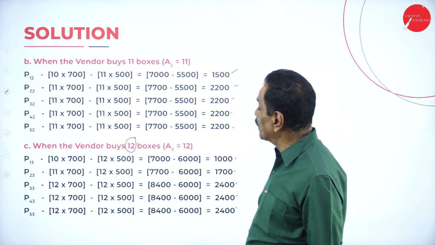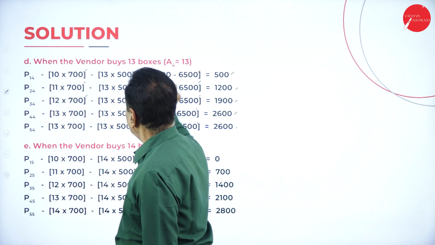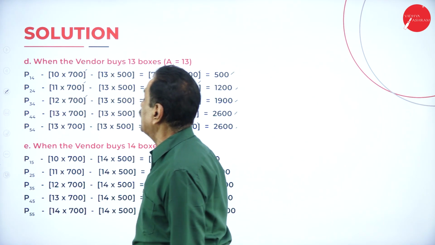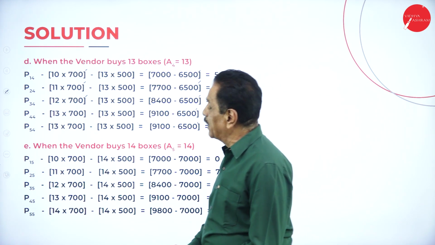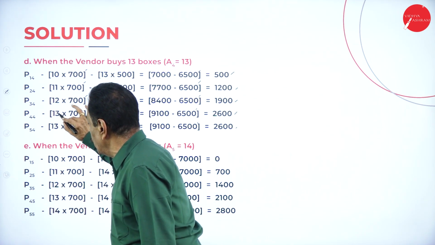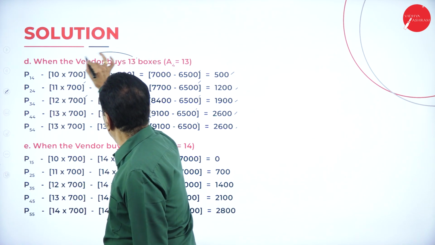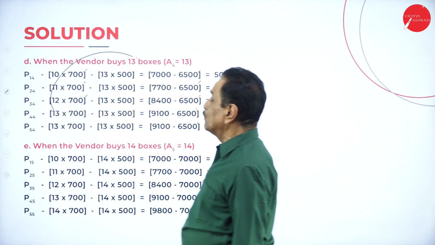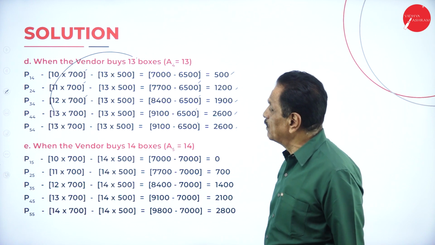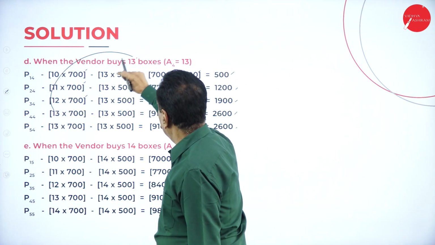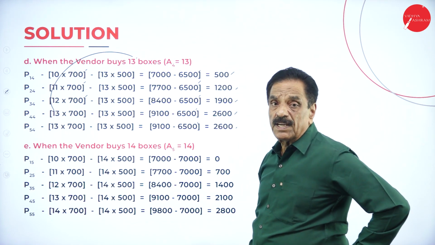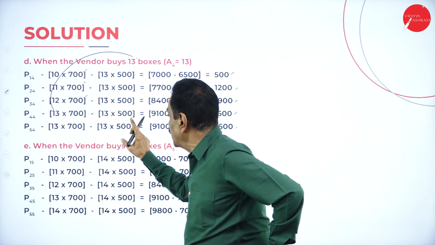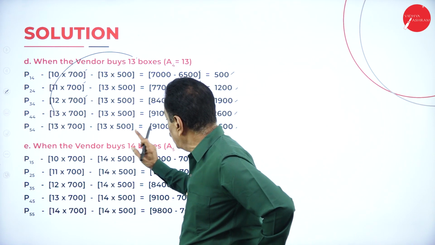When you sell 13 boxes, 10 into 700, 11 into 700, 12 into 700, then 13 into 700, 13 into 700. And 13 into 500 for all.